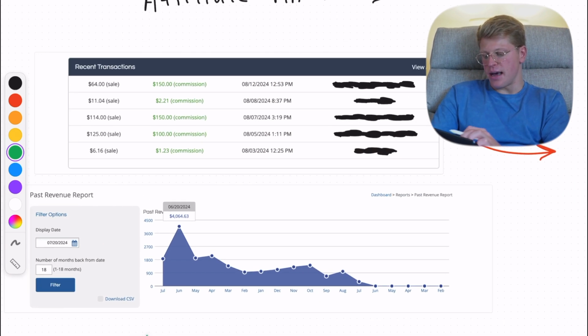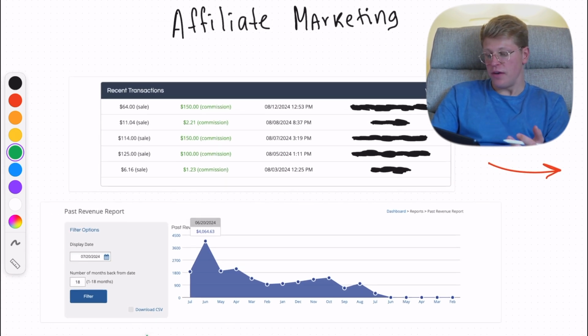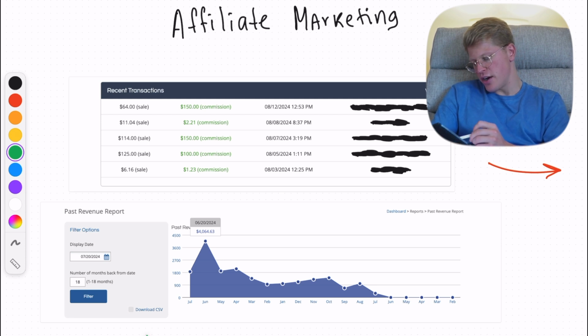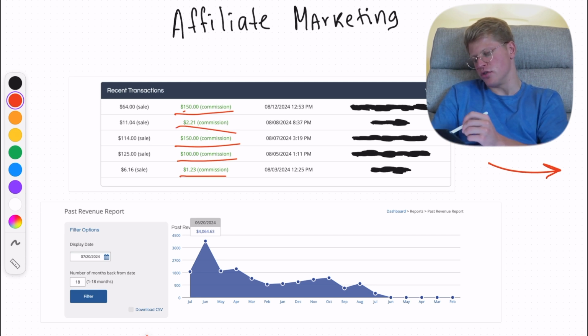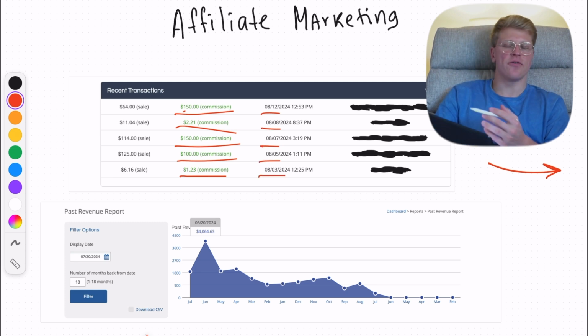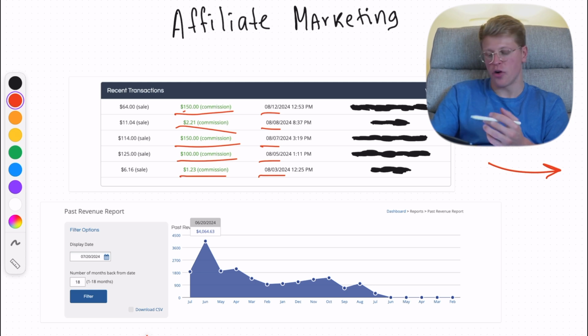Next, like I mentioned, I do affiliate marketing, right? So you can see right here, I have 150 euro dollar commission, 150, 100. There are also some small ones, and this is just the recent ones, right? So this is just on the 12th, on the 8th, on the 7th, on the 5th, on the 3rd. And of course, this is only like one affiliate platform. So I got like 4 of them.